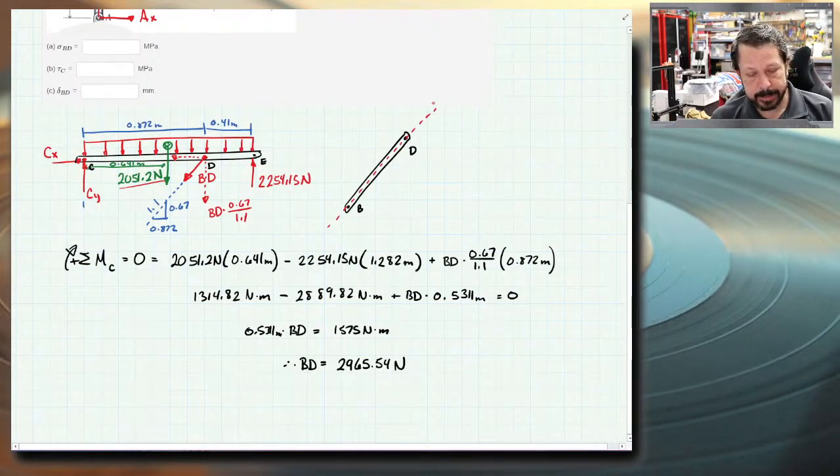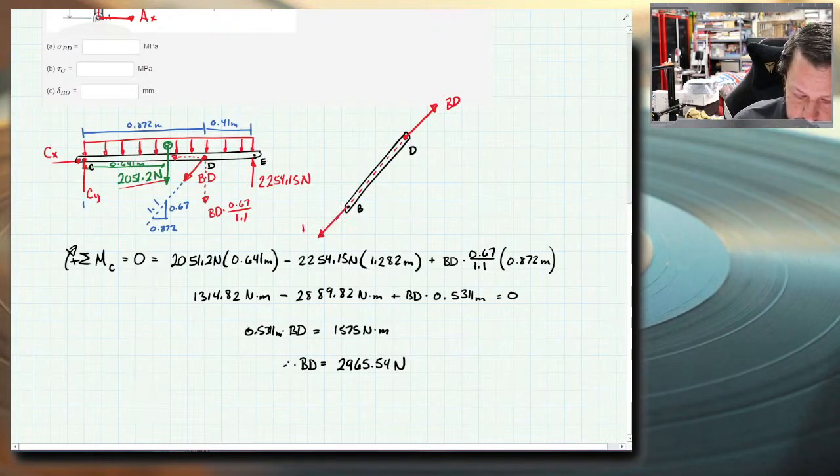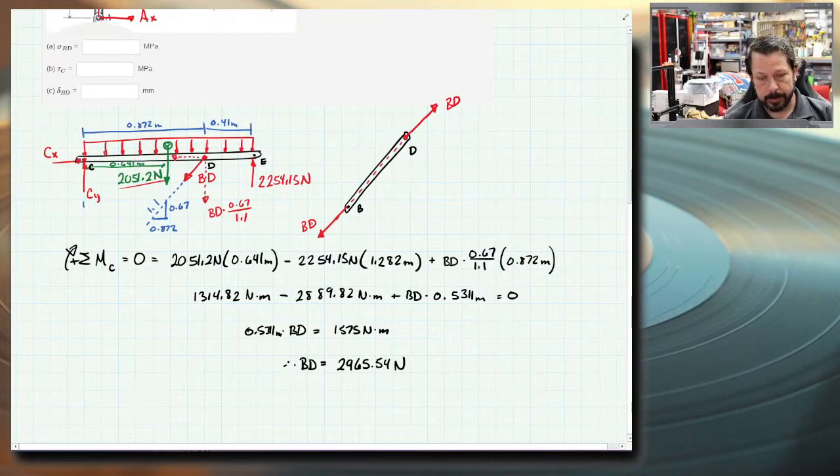I drew at D that it goes down and to the left, so that means at the corresponding piece, it goes up and to the right. And then for this piece to be in equilibrium, this one would have to go down and to the left. And those arrows, when you draw those on member BD, it clearly is in tension.